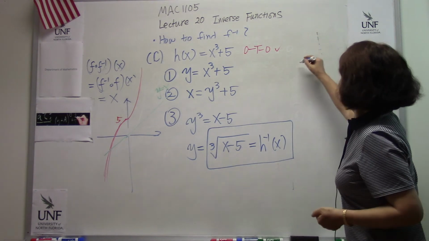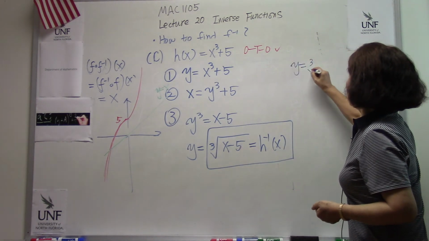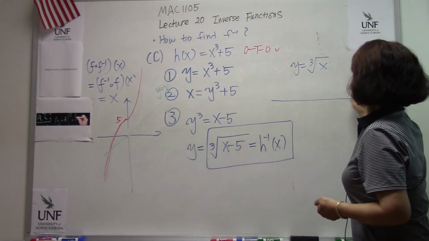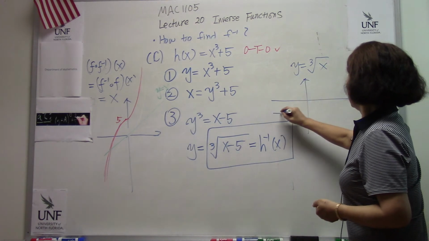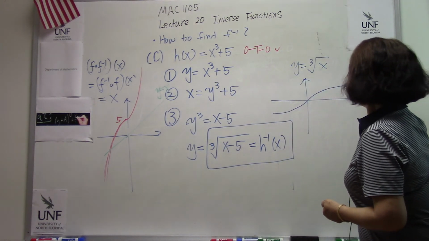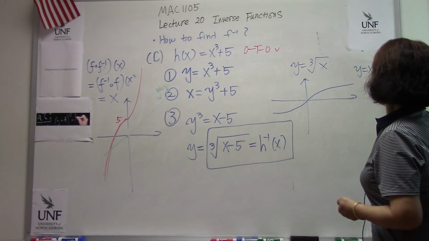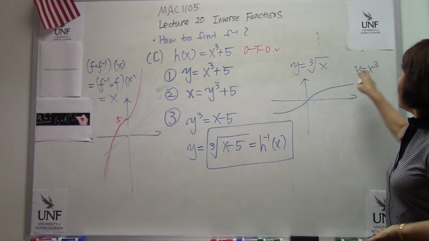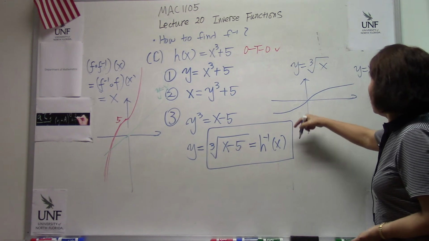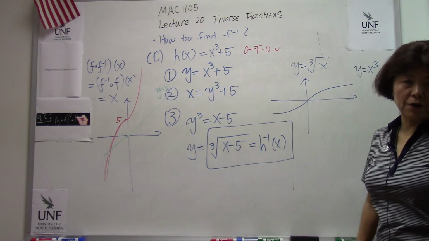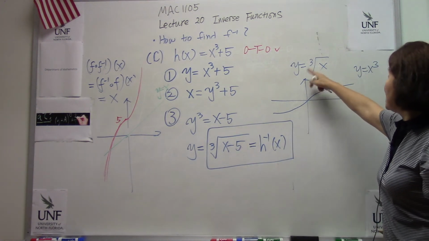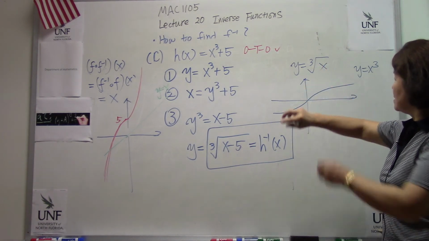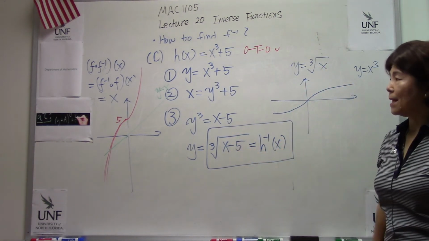Do you remember that cube root of x graph was like this? In fact, y equals x cubed and this, they have the same shape. X cubed is stretched vertically, and y equals cube root of x is stretched horizontally.